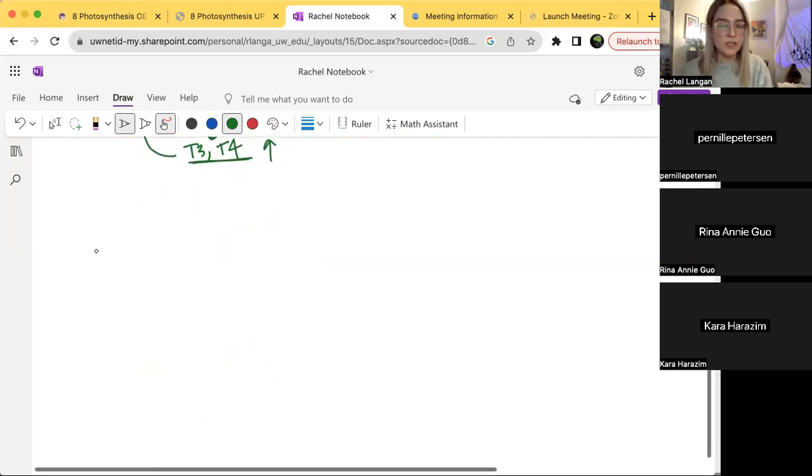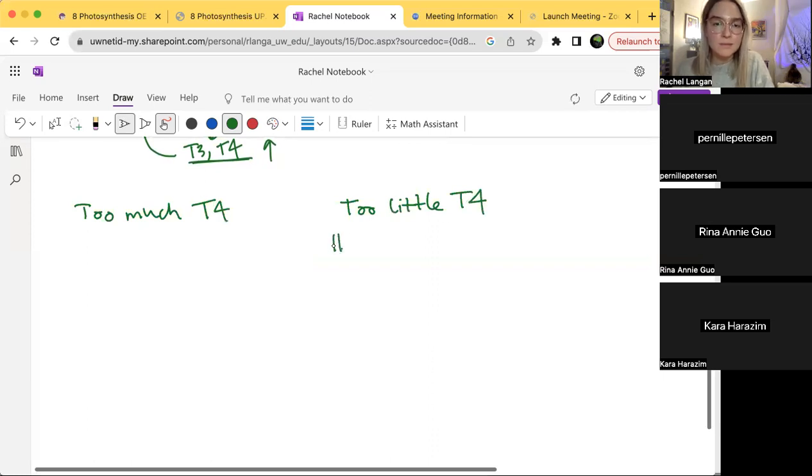And the last thing you should know is what happens when you have too much thyroxine or too little thyroxine being produced. So too little, that's called hypothyroidism. Too much thyroxine is hyperthyroidism.